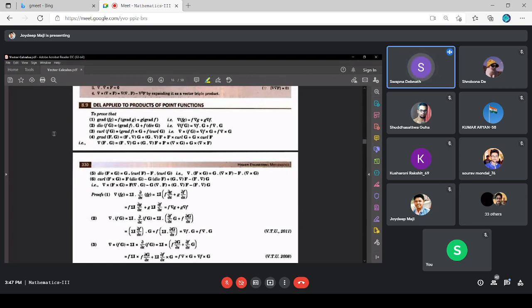Similarly, for the second one, f is a scalar quantity, and g is a vector function. A vector function is multiplied by a scalar. Then divergence of fg.